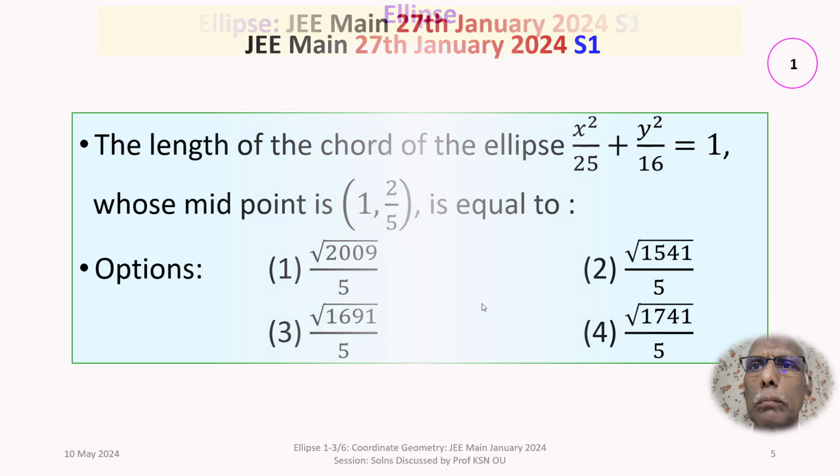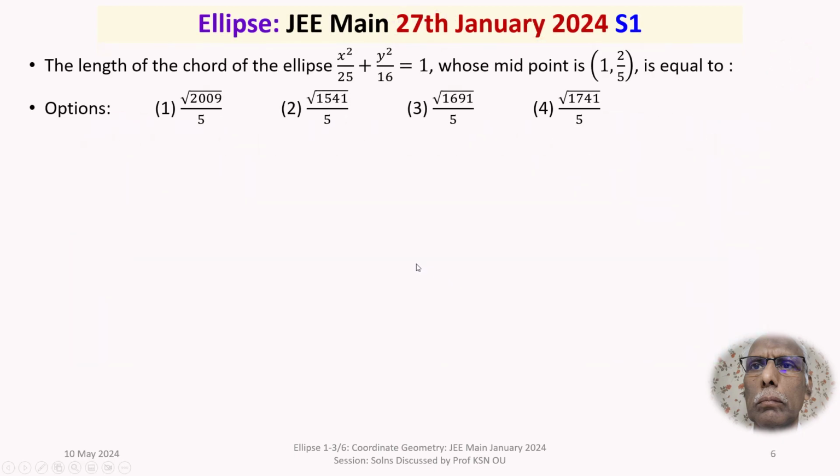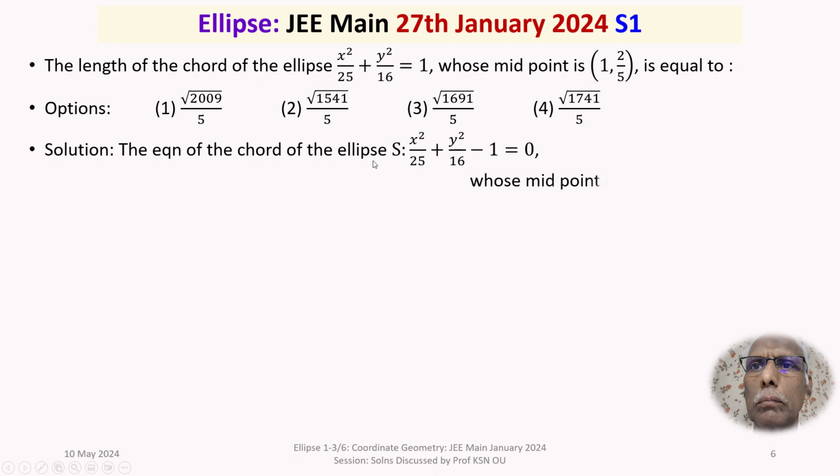Let's now discuss the solution of the problem in detail. The equation of the chord of the ellipse, whose equation is S, given by x square by 25 plus y square by 16 minus 1 is equal to 0, whose midpoint is (x1, y1), which is equal to (1, 2/5), is given by the formula T is equal to S1.